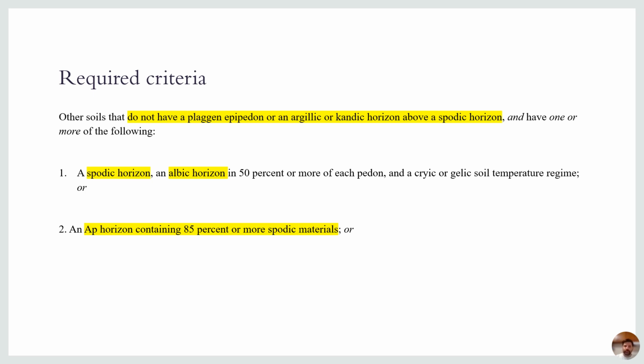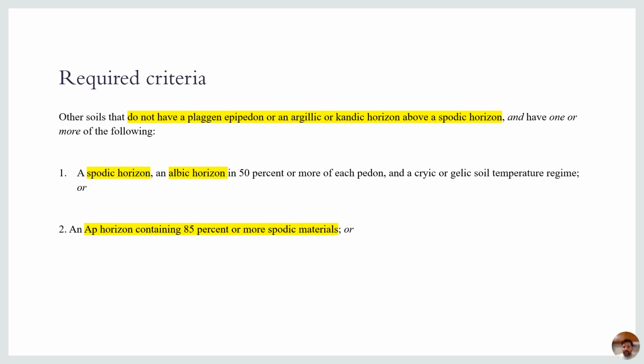Okay, so to identify a spodosol, first of all, we need to know that I cannot find argillic or candic horizons, and I also cannot find a pelaquic epipedon. Okay, these two, the argillic or candic, of course, I cannot find between the surface and the spodic horizon.